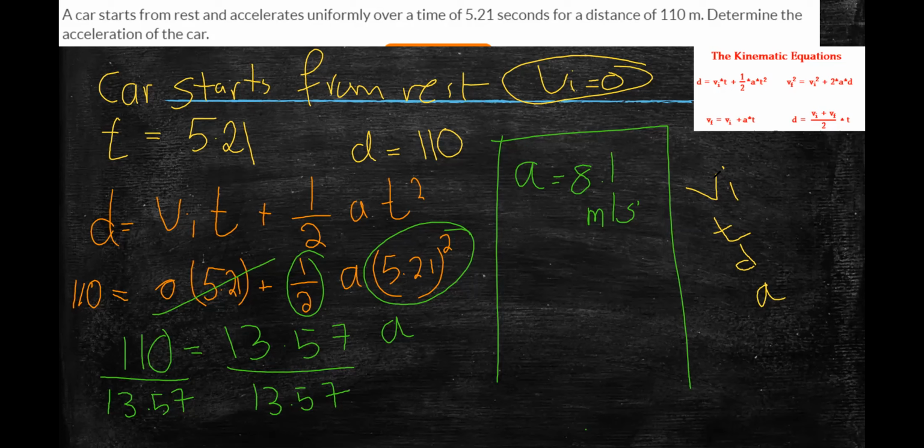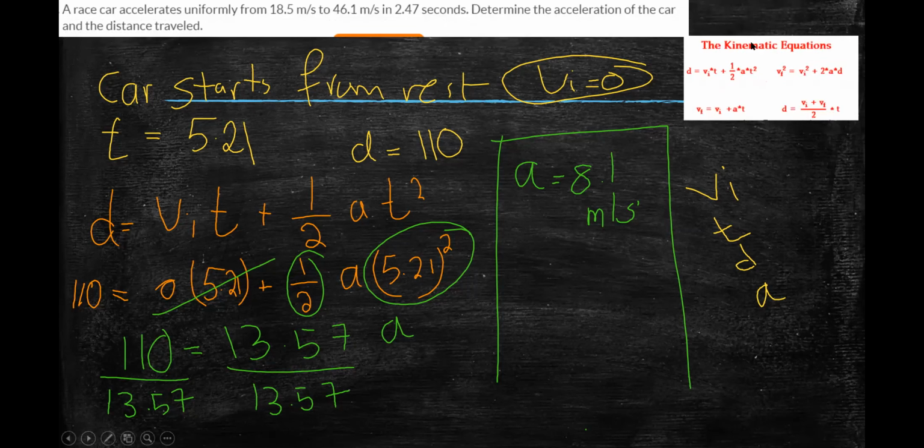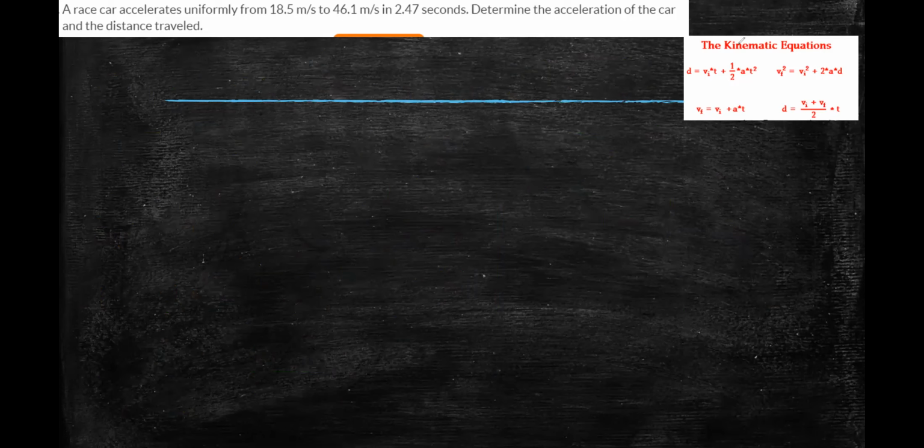Okay, now you're back. So let's continue now. Now this one here. A car accelerates uniformly from 18.5 meters per second to 46.1 meters per second. Look at the units here: meters per second. So it is a unit of velocity, is it right?